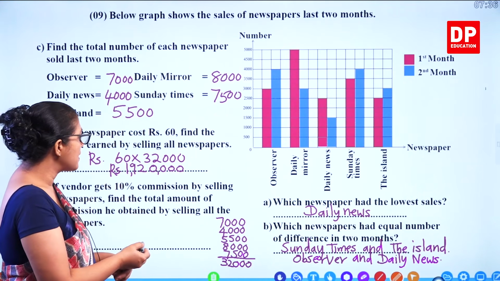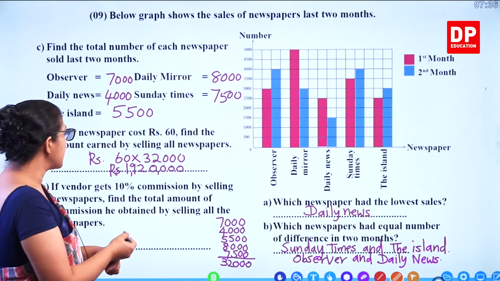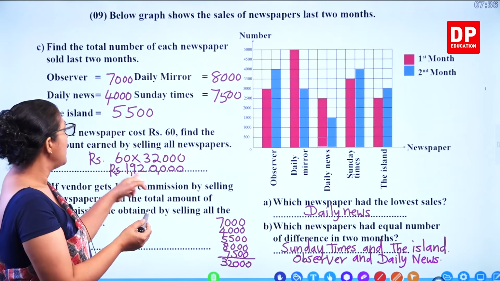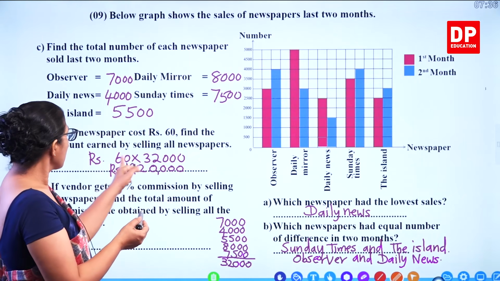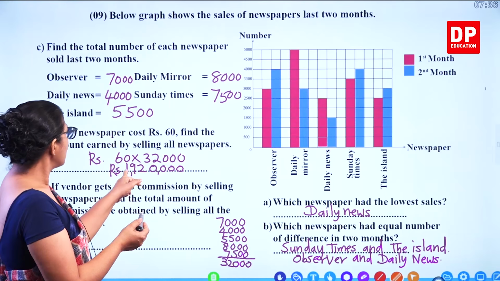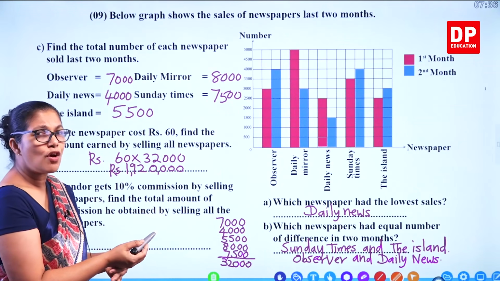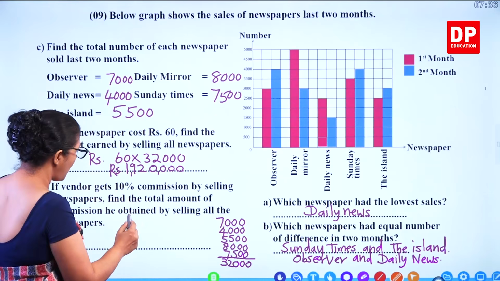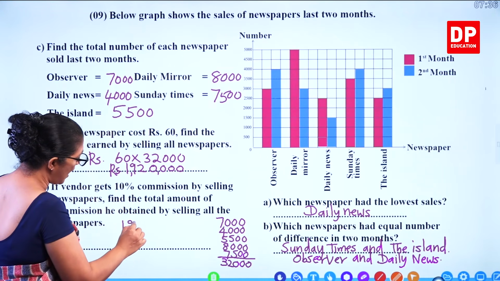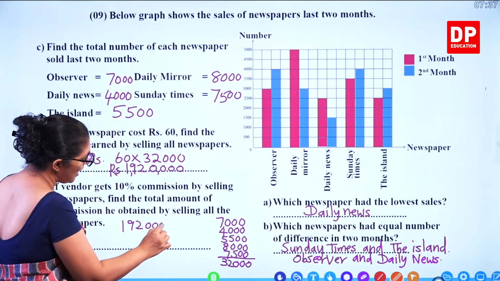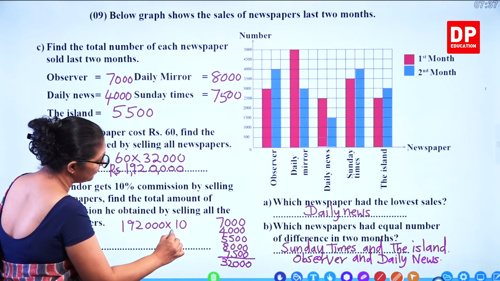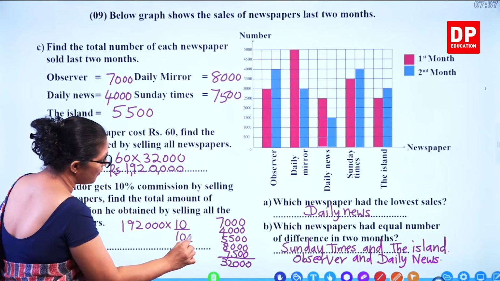If the vendor gets 10% commission by selling newspapers, find the total amount of commission he obtained by selling all the newspapers. So 10% of that selling price. So this is 1,920,000, 10% of that. So we'll find 1,920,000 times 10%. 10% means a fraction 10 over 100.